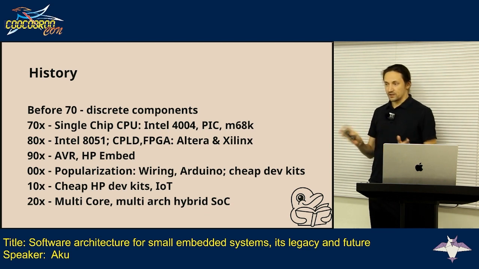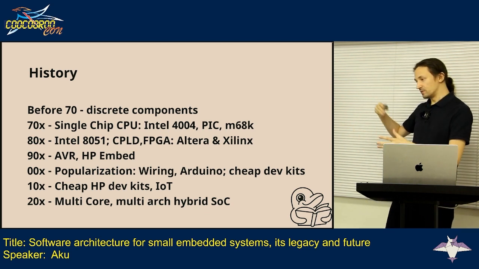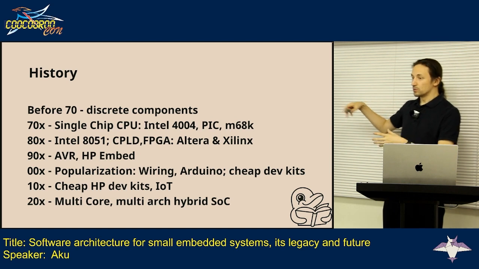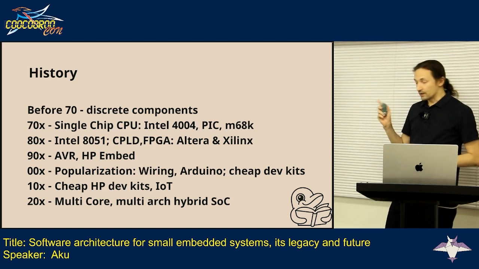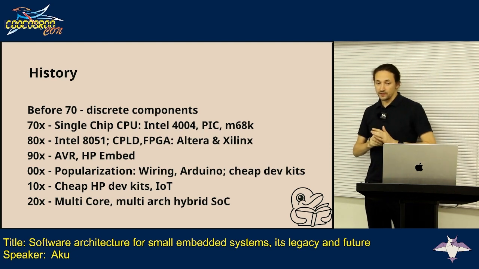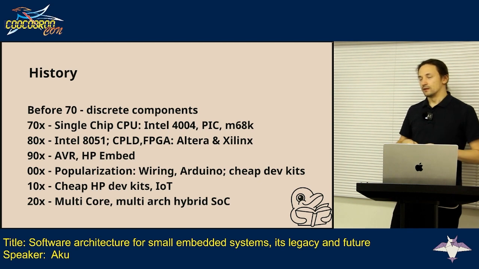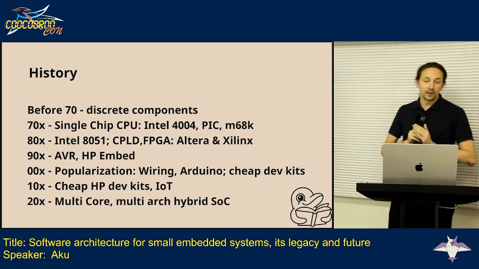And that's only the base part. You still have to design some additional blocks that you want to control with this FPGA. And the arrival of cheap dev kits like Arduino lowered the entry barrier for almost everyone.